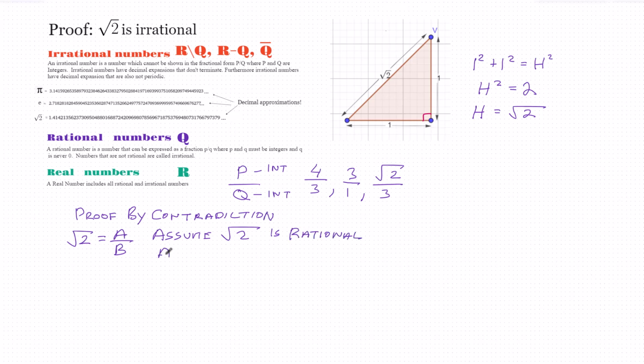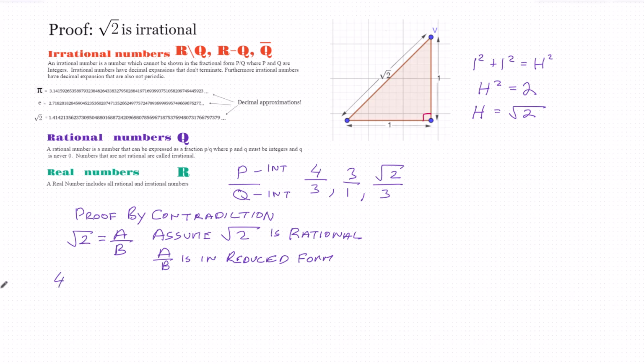We'll assume a over b is in reduced form. In other words, we cannot cancel the numerator and denominator any further. So this has a special property. When a over b is in reduced form, that means that either a is odd or b is odd.